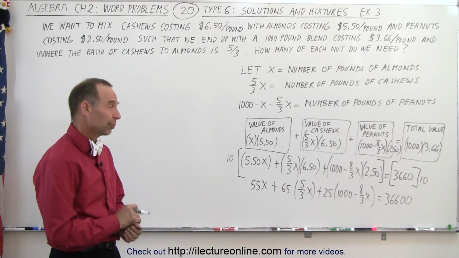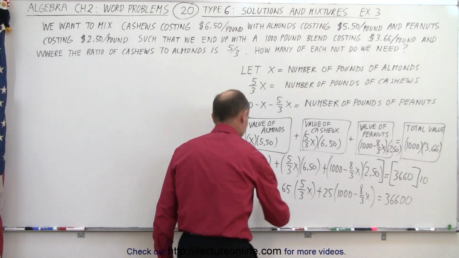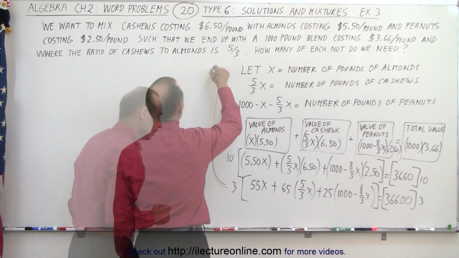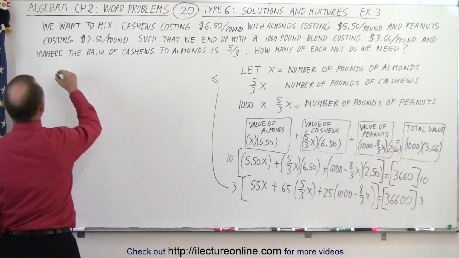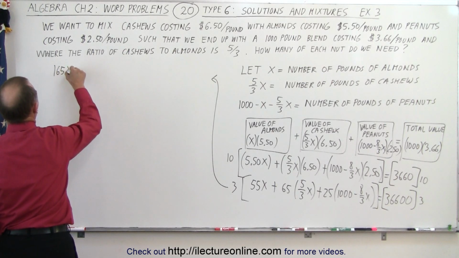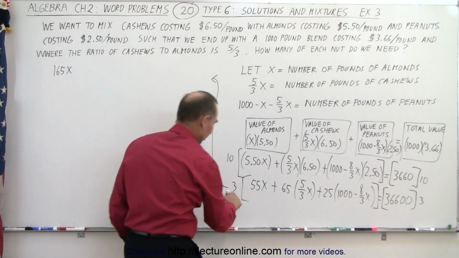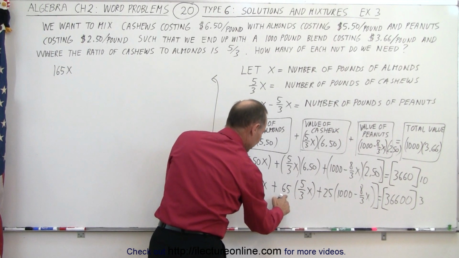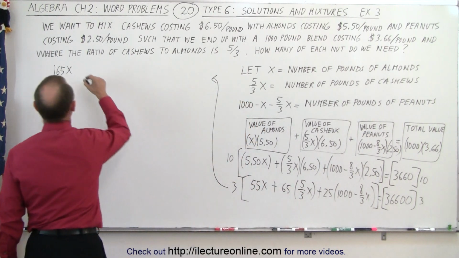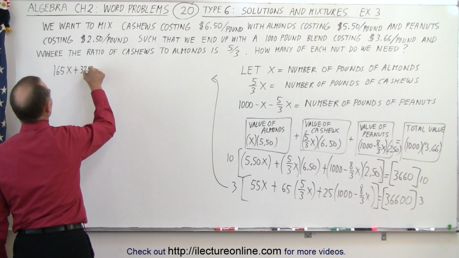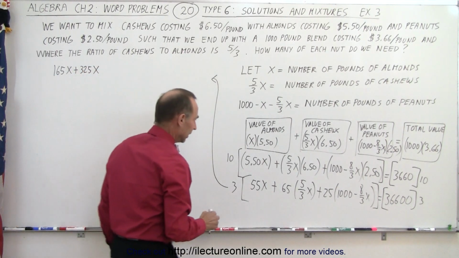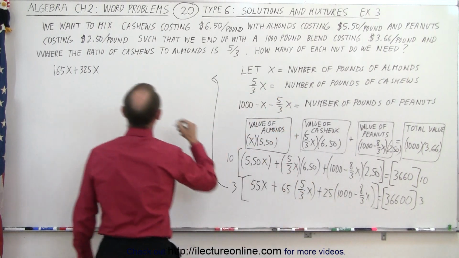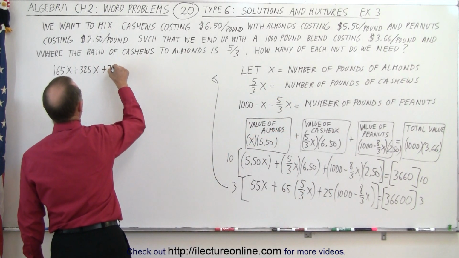Now we want to get rid of those fractions. To do that, we multiply both sides by 3. So I have 3 times 55, that's 165x. Then here the 3 cancels out with the 3, so 5 times 65 is 325x. Then 3 times 25 is 75, times 1,000 would be plus 75,000.